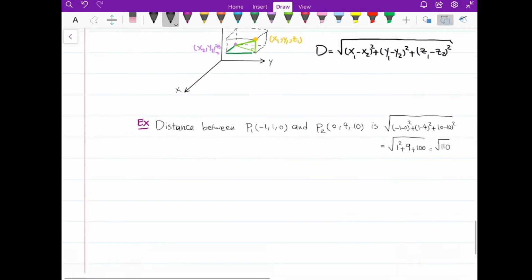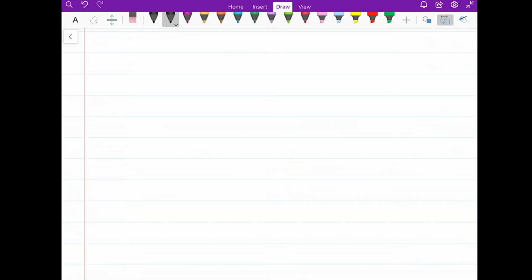Okay, a useful formula which is also going to use the distance would be the equation of a sphere.